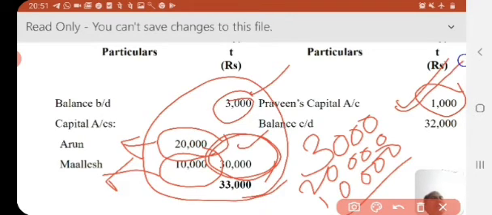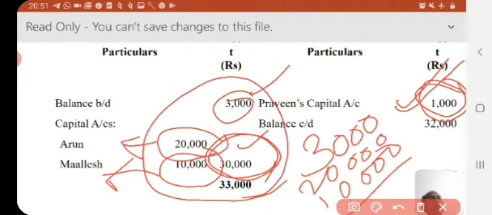After paying 1,000 to Praveen, the remaining balance is transferred to his loan account, as we have seen in the balance sheet.